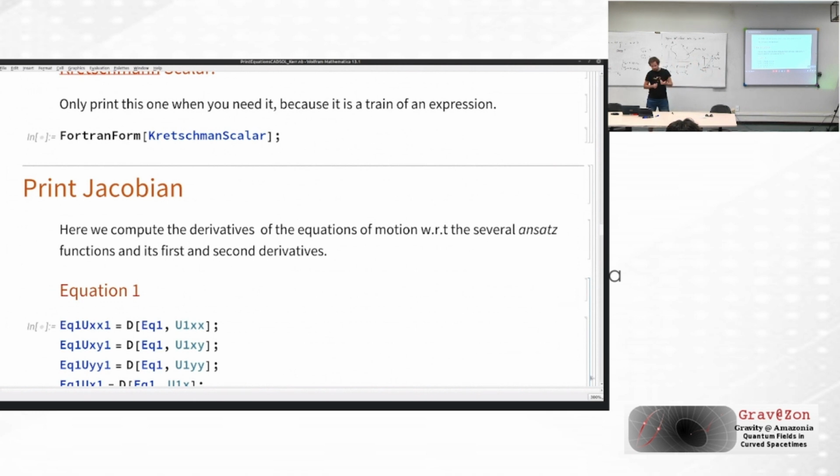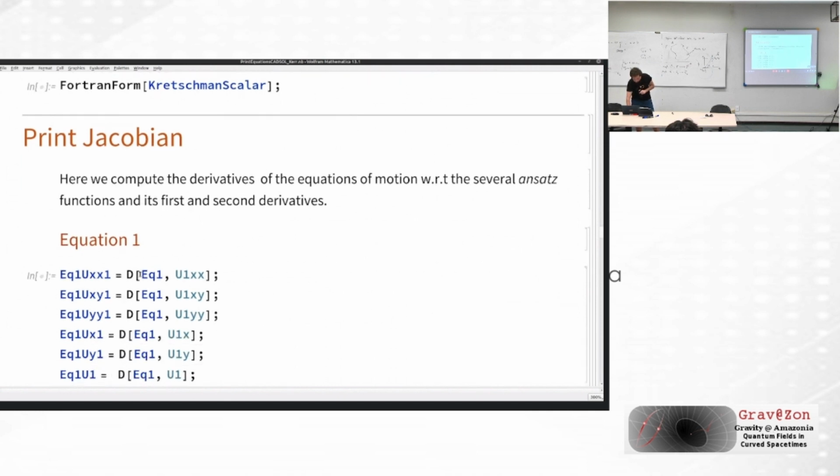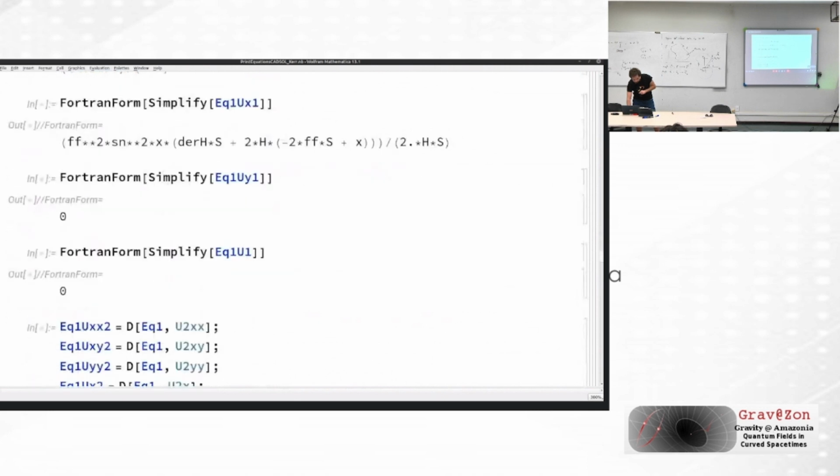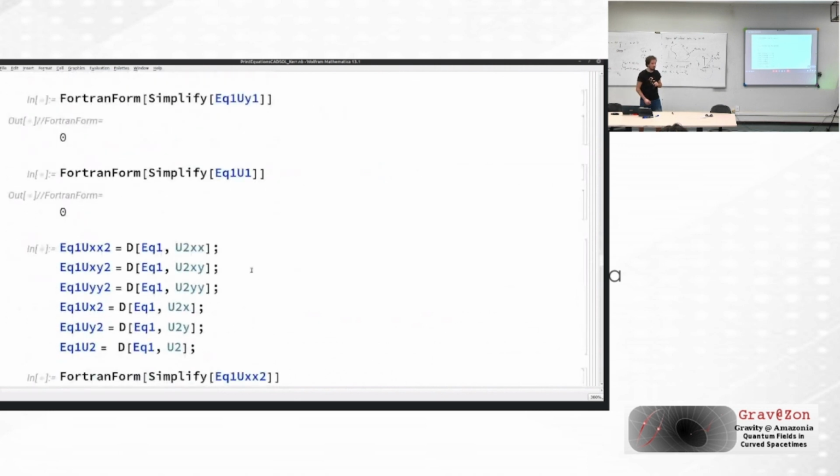This is quite easy to compute, but it then takes quite a long time to copy everything to the Fortran file. At the level of Mathematica, you only have to say that you want the derivative of equation 1, for example, with respect to function 1 and its derivatives. So that's what we have here. You'll usually get quite small expressions. But you have to do this for all the functions, all the derivatives and all the equations.